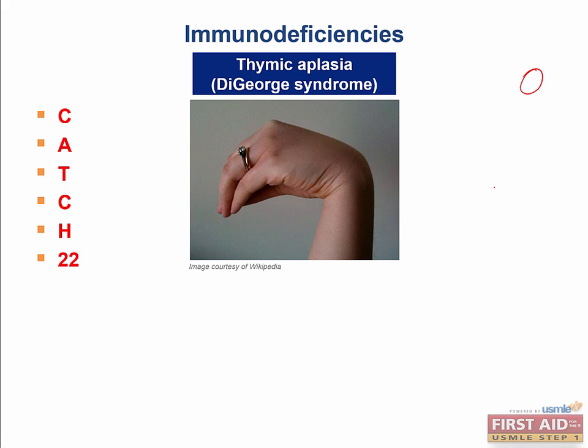Now recall that the thymus is the place where what types of cells develop? T cells, okay? So she is lacking in T cells. And the thymus, if you recall from embryology, is derived from the third and fourth branchial pouches. And children with this condition experience recurrent viral and fungal infections because they have no T cells.